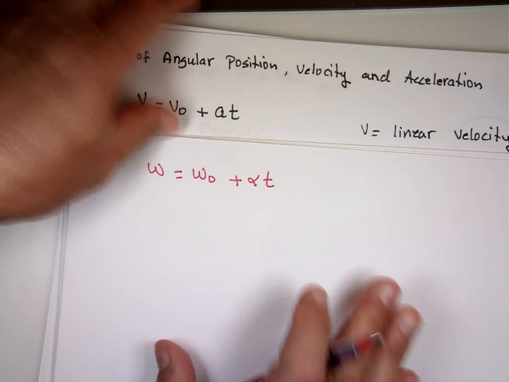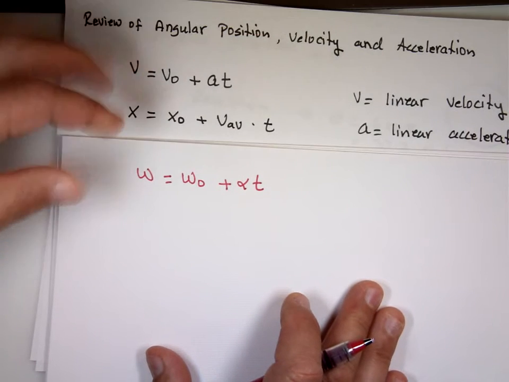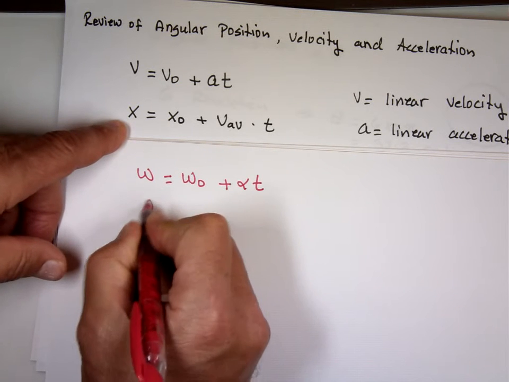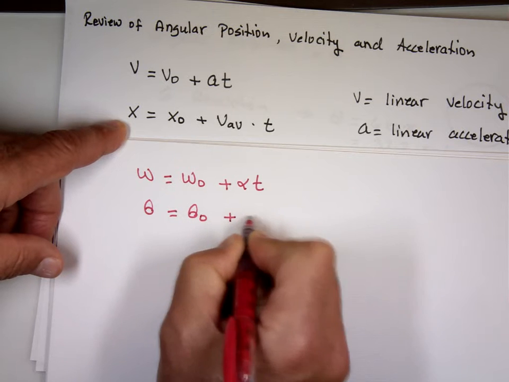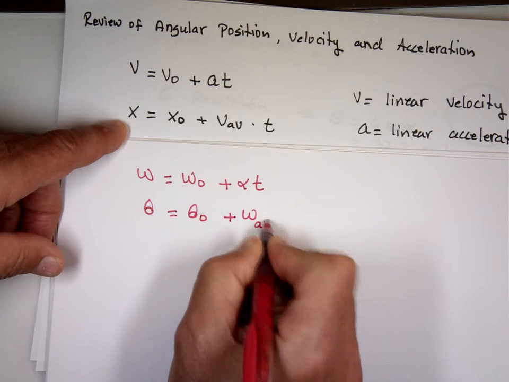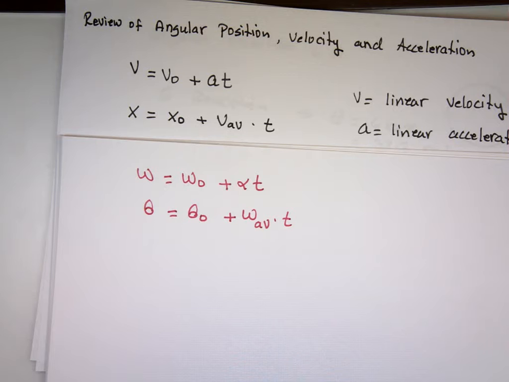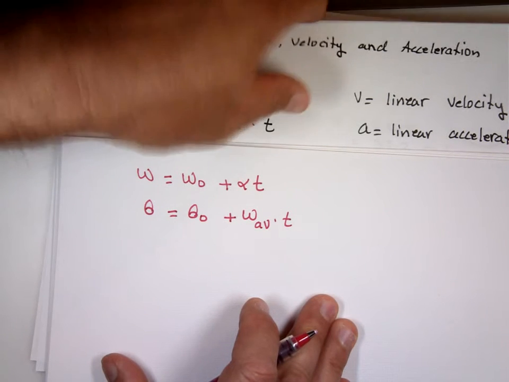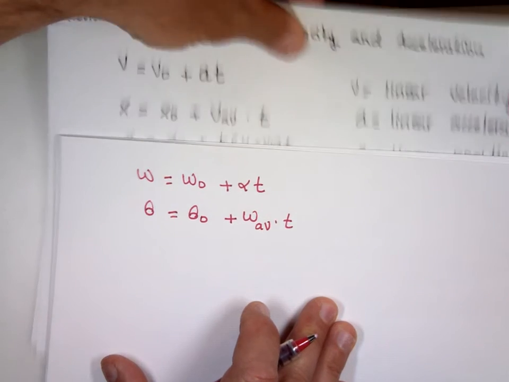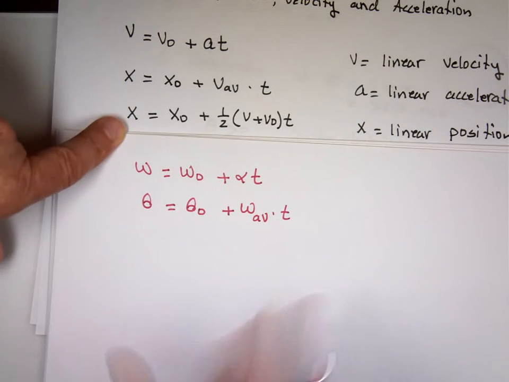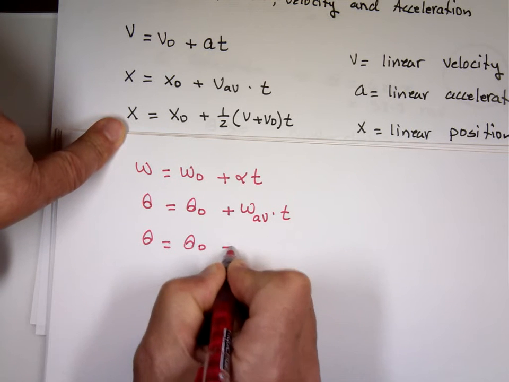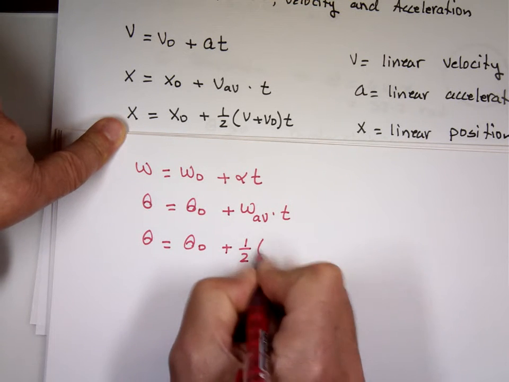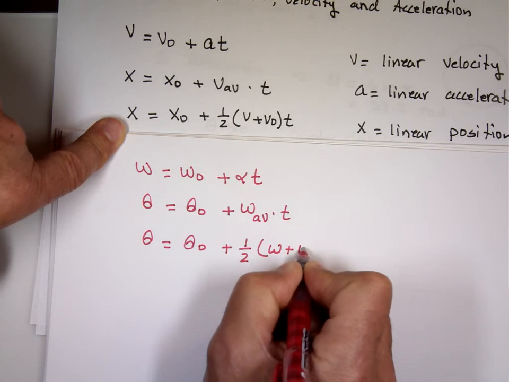The second equation, right here, replace x with theta. This one: theta equals theta 0 plus w average times t. This one here: theta equals theta 0 plus 1/2 (w plus w0) t.